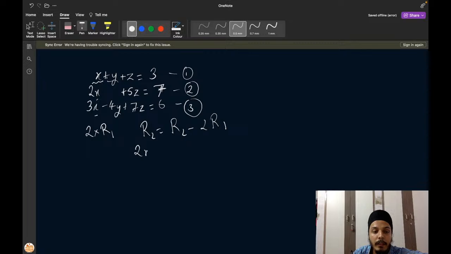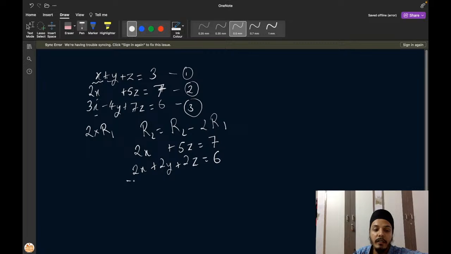So it will be 2x plus 5z equals 7, and this will be 2x plus 2y plus 2z equals 3 times 2, which is 6. Now we reduce it, and what we get is minus 2y plus 3z equals 1.